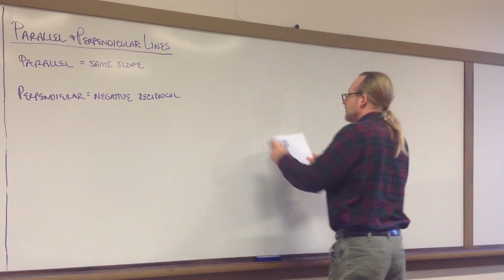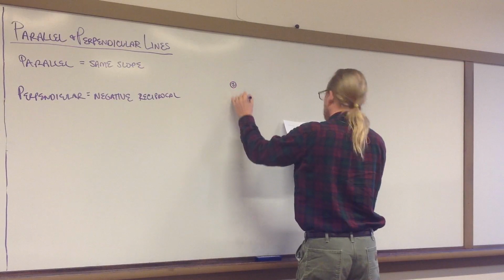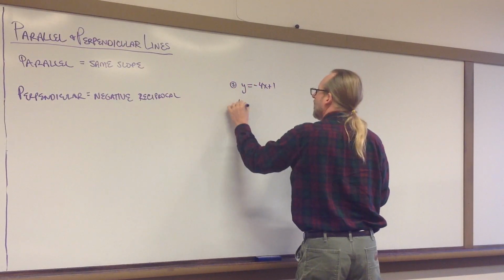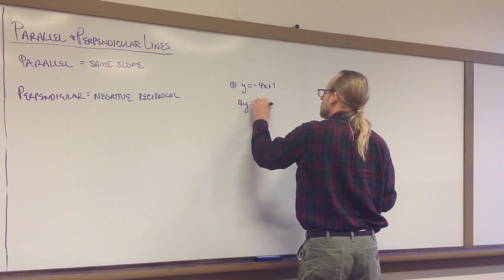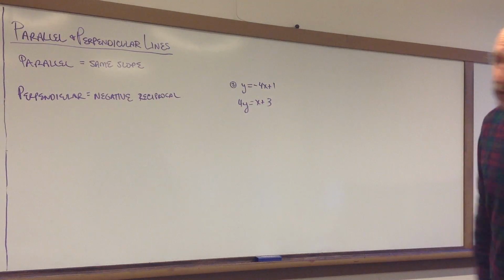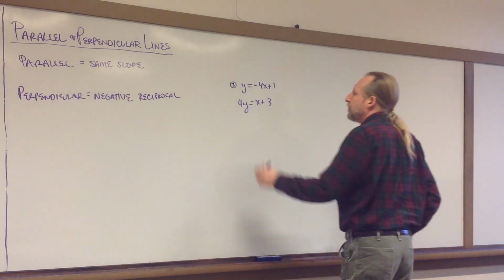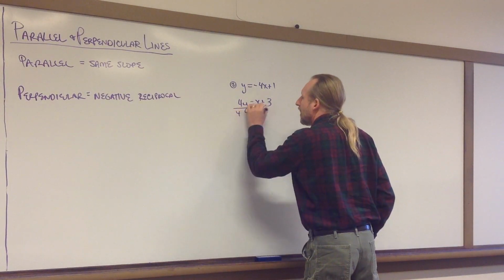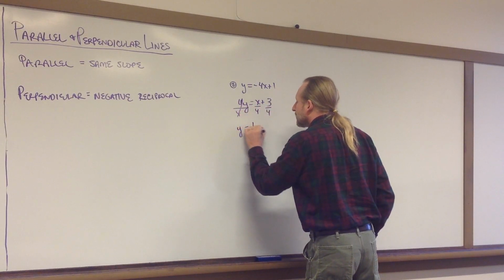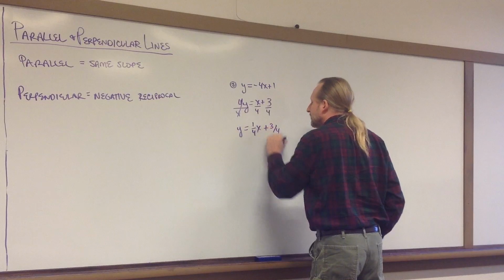Okay, so problem 2, we've got the line y equals negative 4x plus 1, and 4y equals x plus 3. Well, for one thing, it's good to put these both into slope-intercept form. So I'm going to get the y by itself here. This will be 1/4 x plus 3/4.